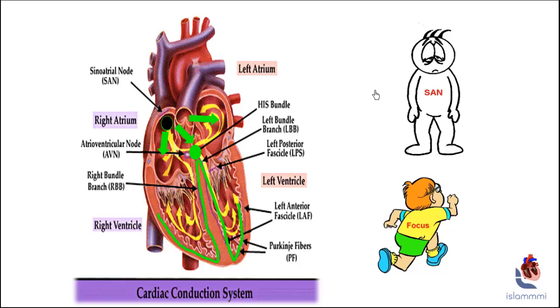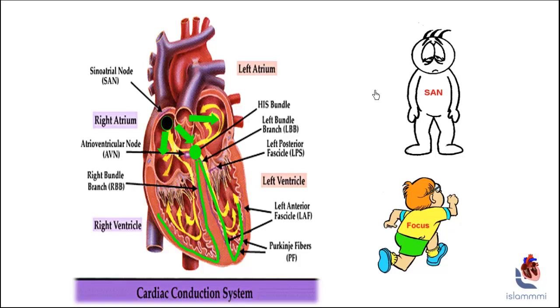It's more active than the SA node, so it will override the SA node and become the pacemaker. The normal pacemaker is in the SA node, and if we have another, stronger focus, this will cause changes in the P wave.